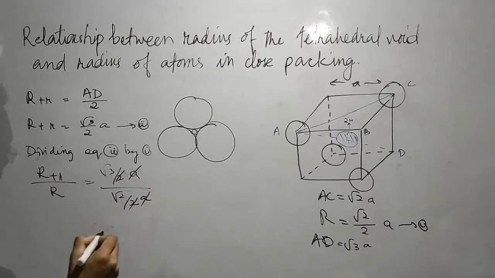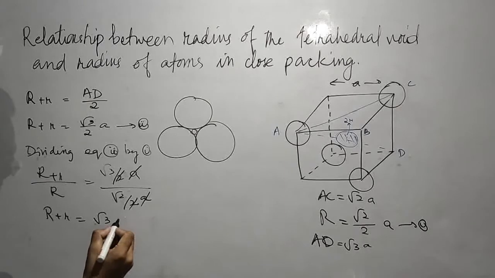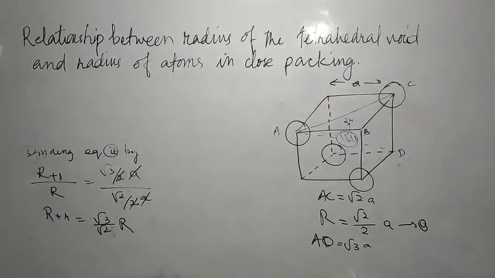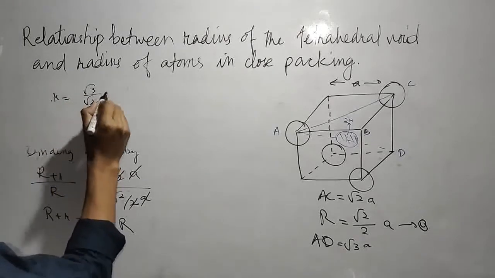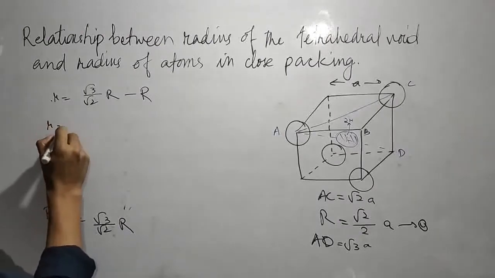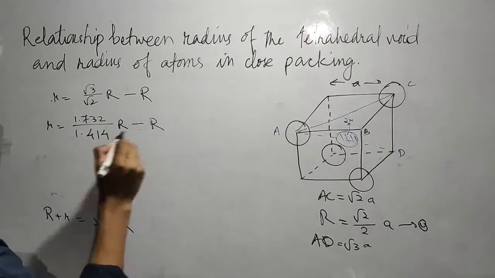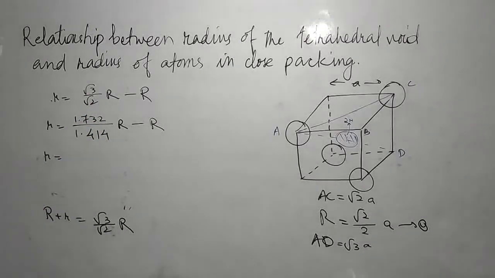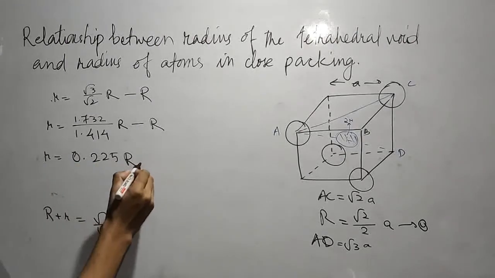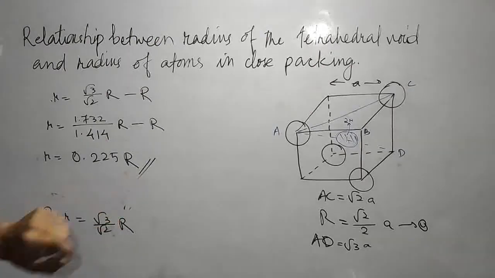So a gets cancelled, 2 gets cancelled, and R plus r equals root 3 by root 2 R. Now r equals root 3 by root 2 R minus R. Here it is 1.732 by 1.414 R minus R. If we solve this, we get around 0.225 R. So the radius of the tetrahedral void is 0.225 times the radius of the atom.